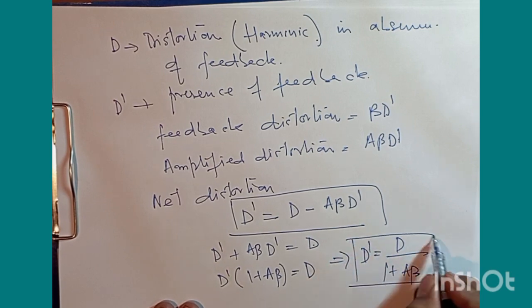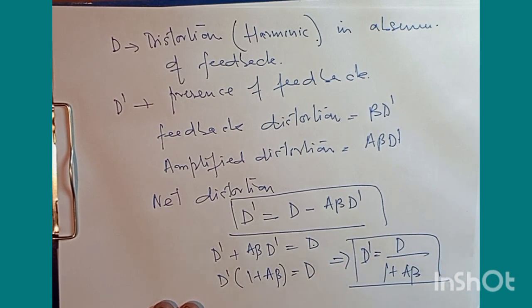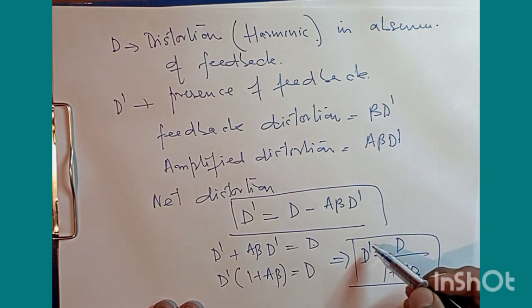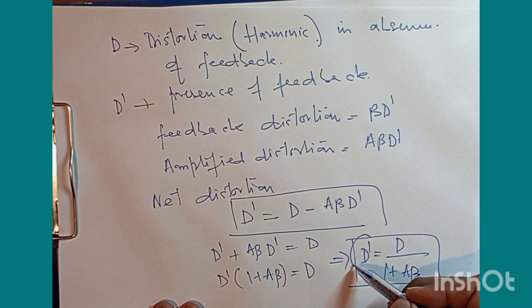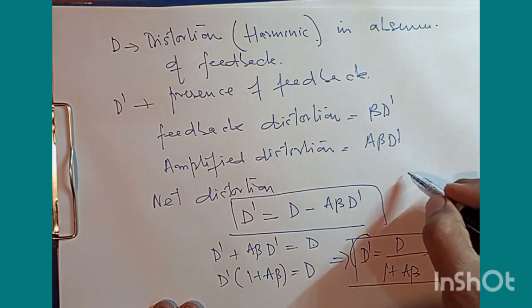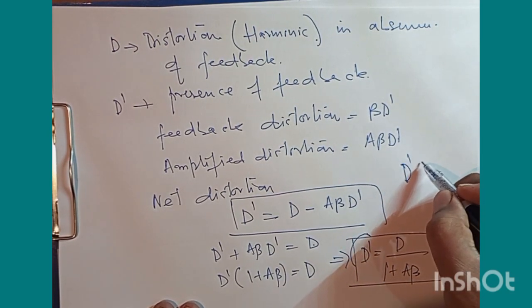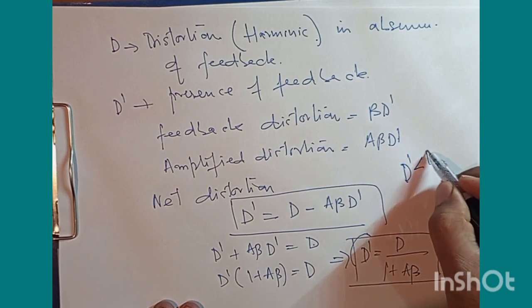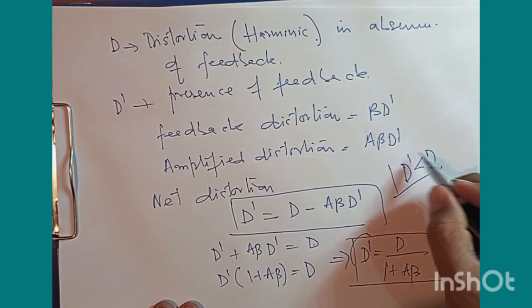See, the result is very convincing, and the result is very applicable. What this result says is that the distortion that we achieve once we have used the negative feedback in the amplifier will be less than the distortion that we have in absence of negative feedback.